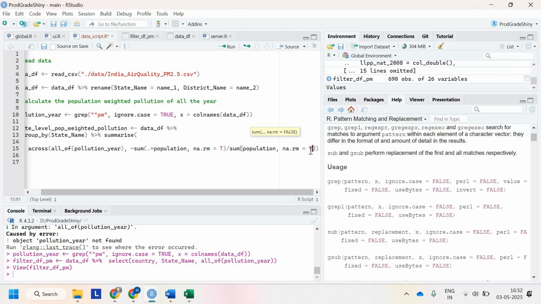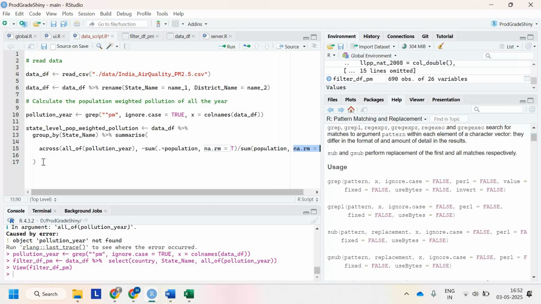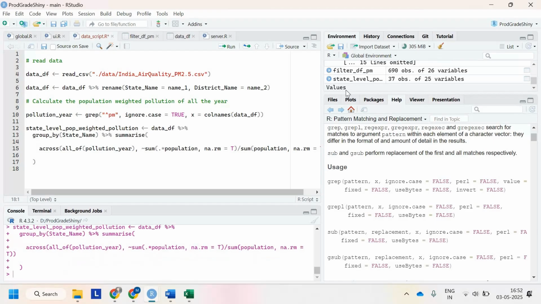So if there is any missing value, we can simply ignore that value by using this command. This is how you will calculate the population average if I run this particular code.